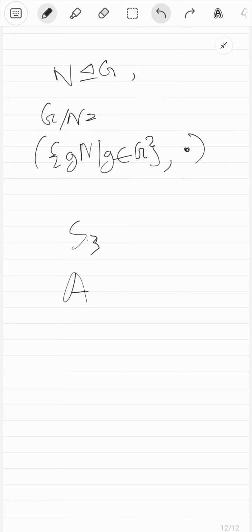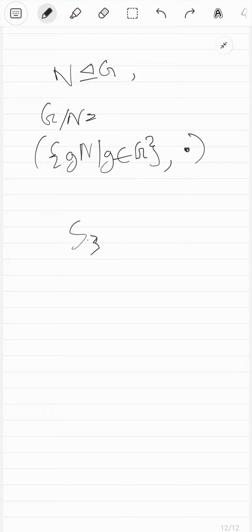Essentially, A3 is something where you only have the rotations.